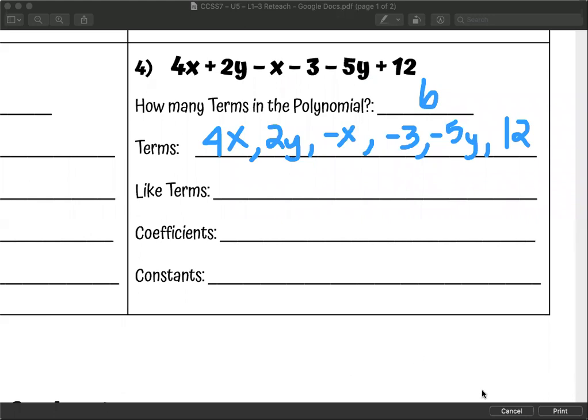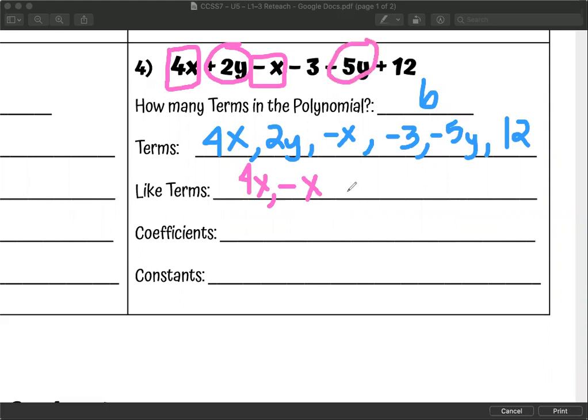Our like terms are ones that share a variable. I've got 4x. Does anything else have an x in it? Yeah, -x. So one pair of like terms is 4x and -x. I've got positive 2y. Does anything else have a y in it? Yep, right here.